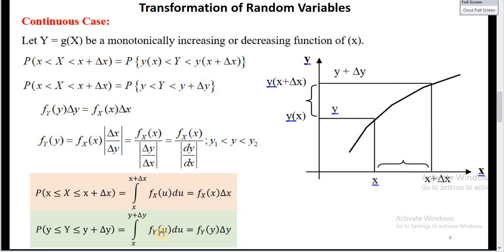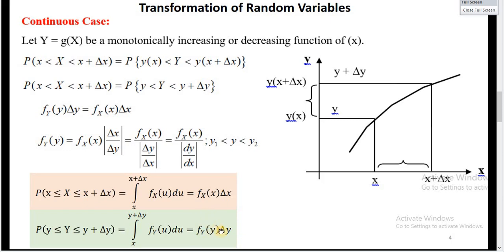This is unknown. This is a known density function f of x. So again, this probability is approximated by this area, which is the height of a rectangle of width delta y. So this is the area of this differential rectangle.